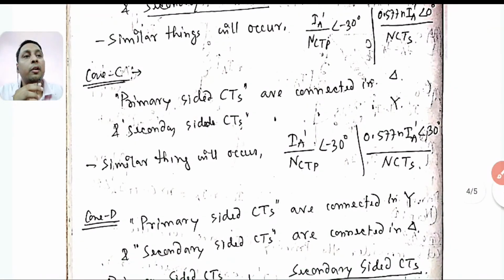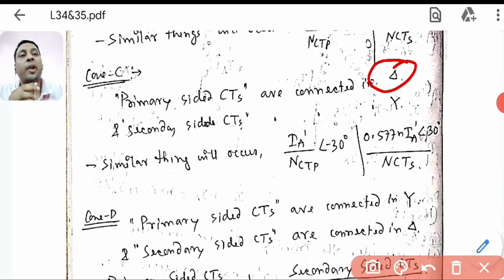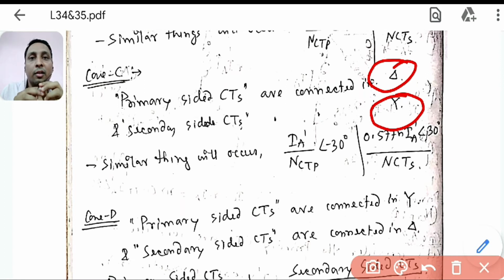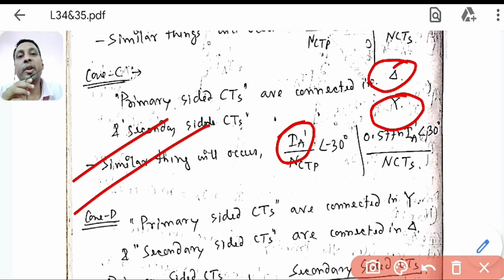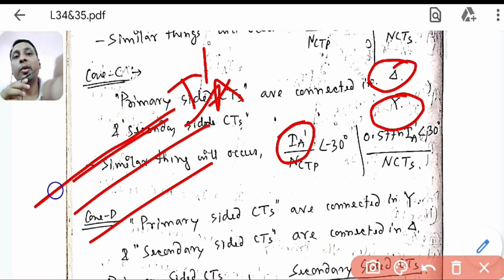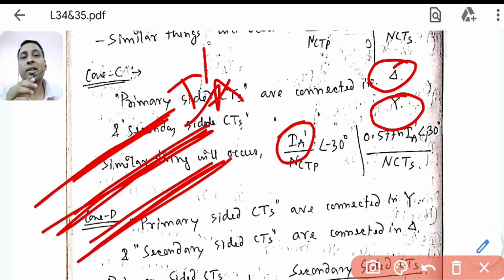Now again if I take the primary delta and secondary star, the angle difference will be 60. For delta it was measuring IA dash, which you can think of as the primary current, the phase current. I've told you the primary side of the CT you always consider as connected in star.